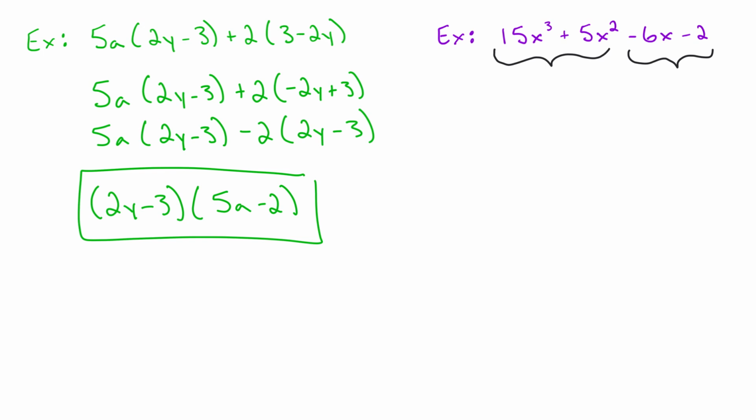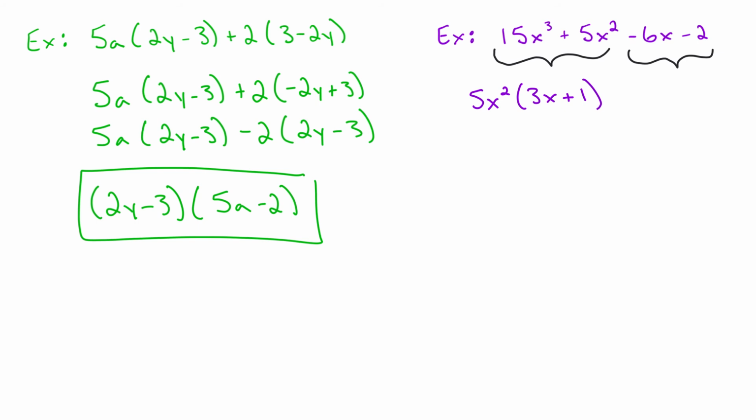Well, 15 and 5 are both divisible by 5. And the first term has an x cubed. The second term has an x squared. Therefore, they both have an x squared in common. So if I factor 5x squared out of the first 2 terms, I'll be left with 3x plus 1.